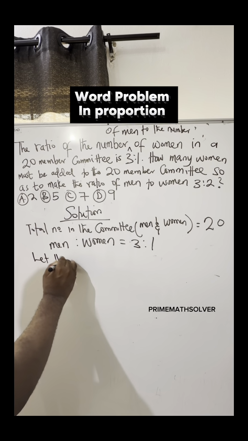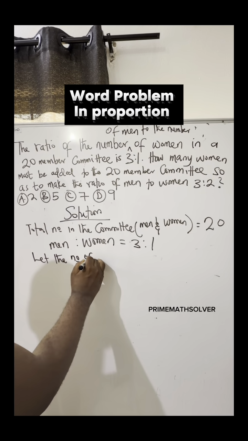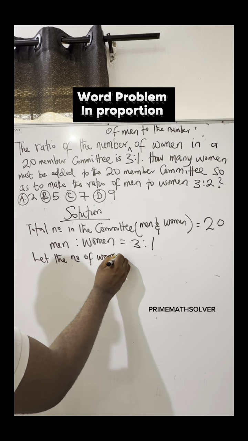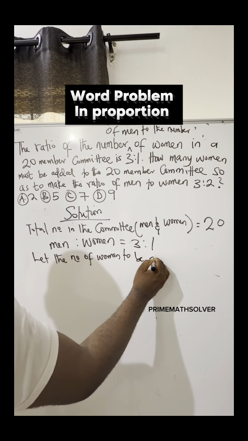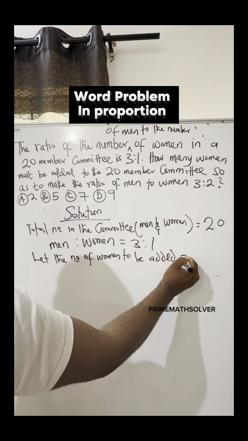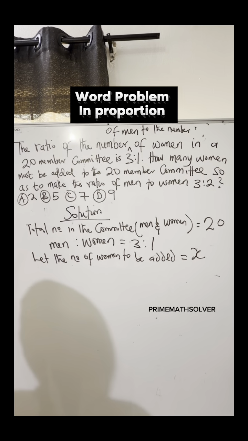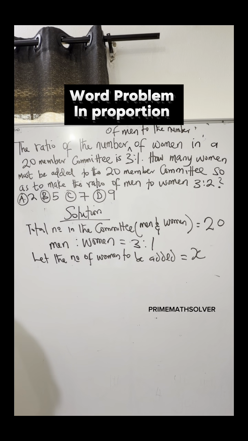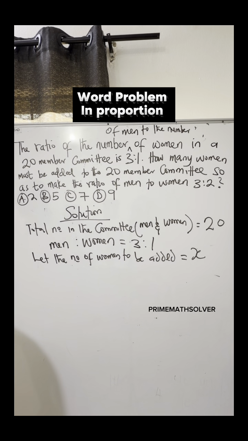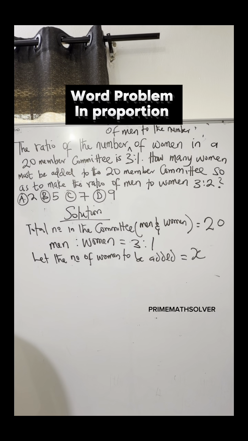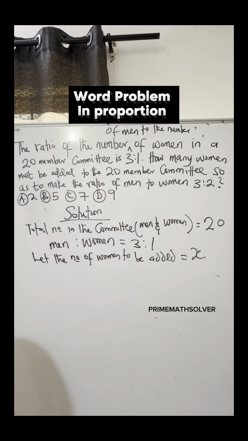Let the number of women to be added equal X as the unknown, because that is what we do not know. That is what they want us to look for, right? Now, we are dealing with women in this question.